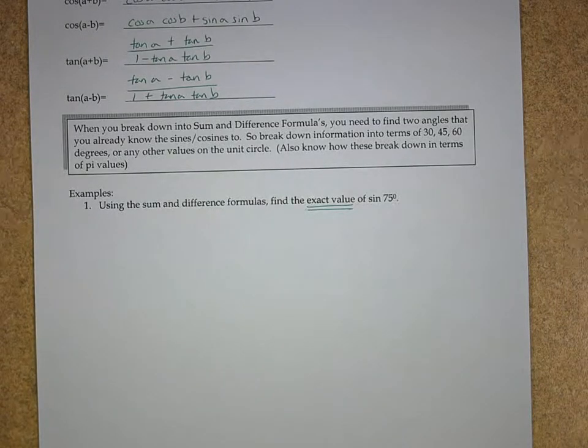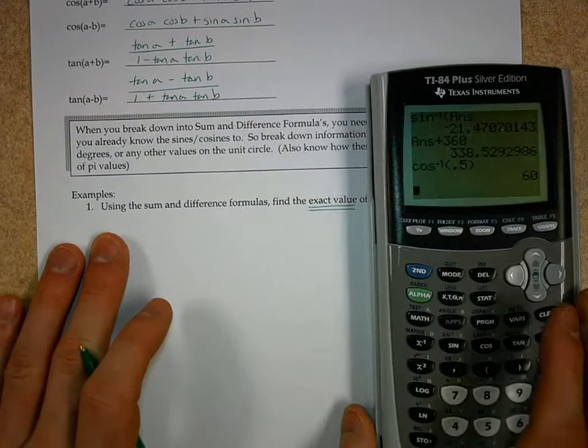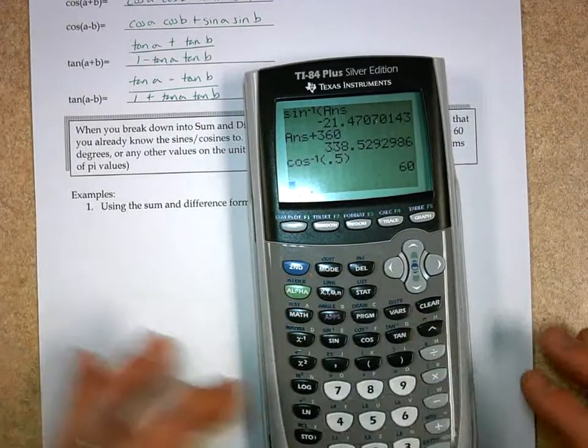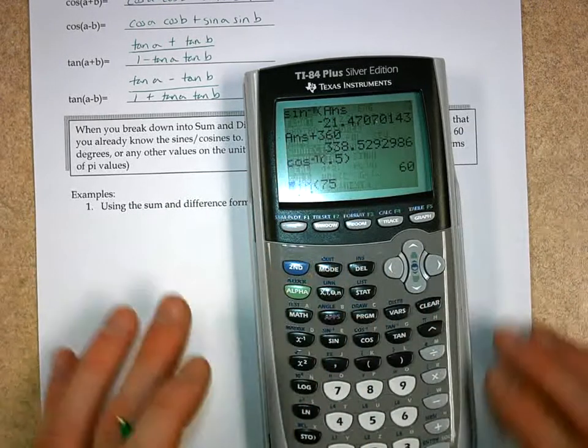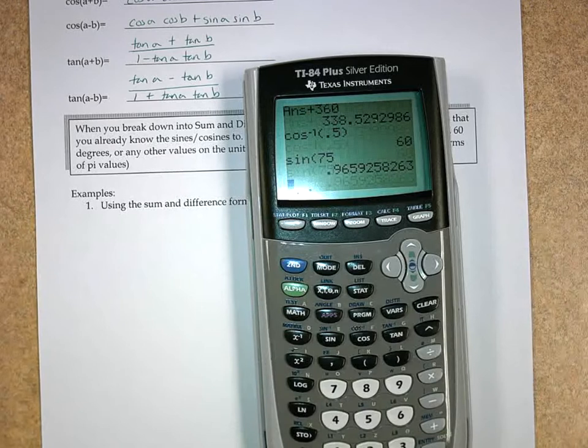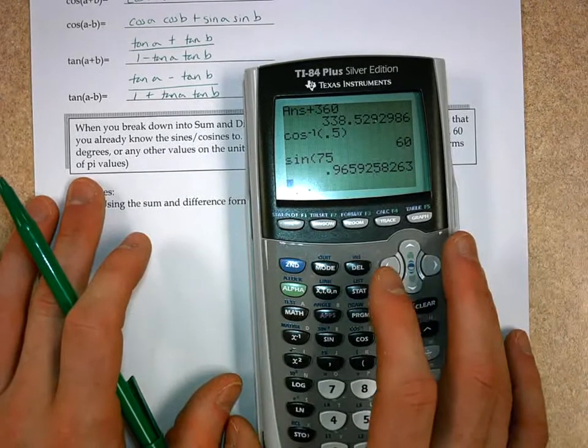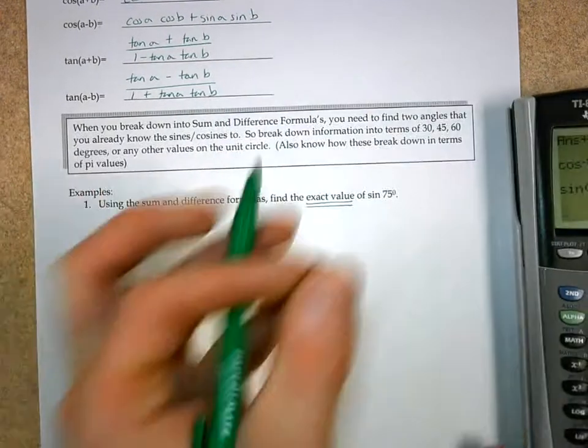Now, if I plug sine of 75 degrees into my calculator, I can get an answer. So pull out our calculator, sine of 75 degrees, making sure that I'm in degree mode. So sine of 75 is going to be this weird decimal, 0.9659.